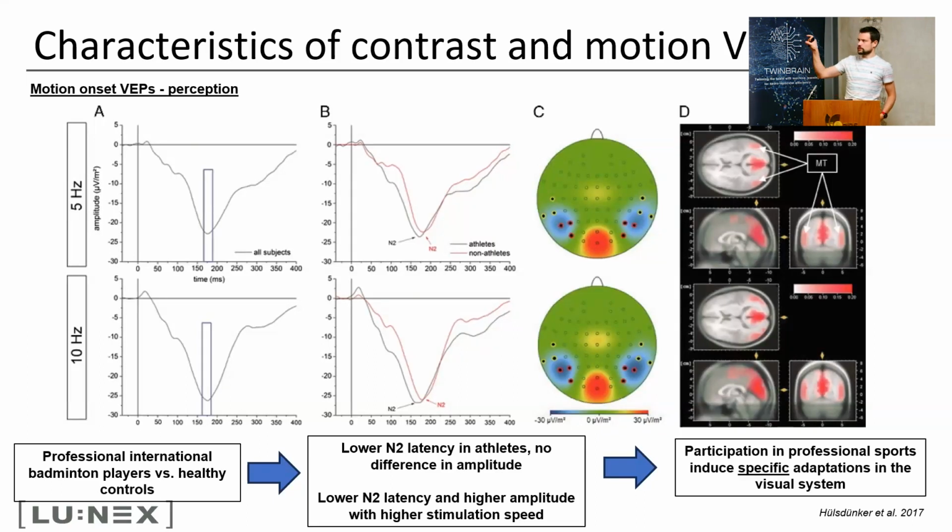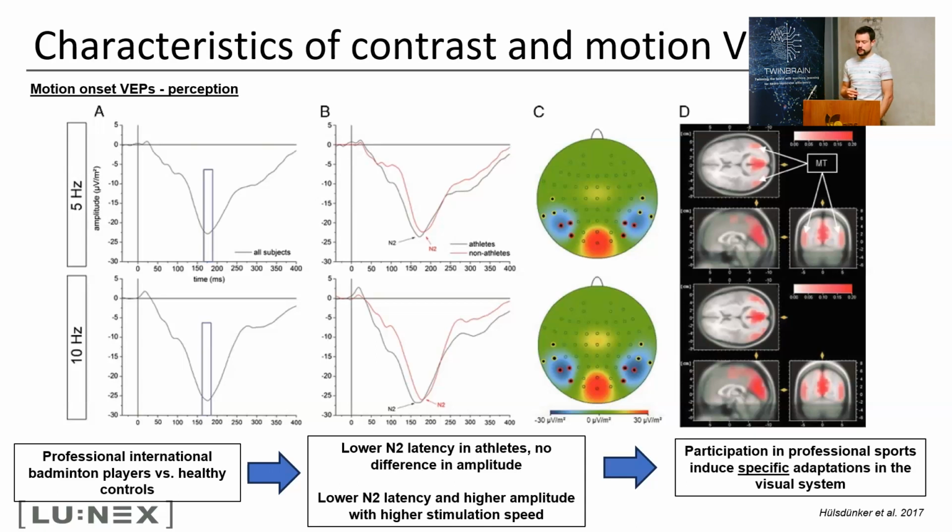In the top row, this is 5 Hertz, corresponding to a comparatively low speed of stimulation, so a slow motion of these stimuli. Then we just doubled the speed by using a 10 Hertz stimulation. In other studies we also use 20 Hertz, but here we had 5 and 10.